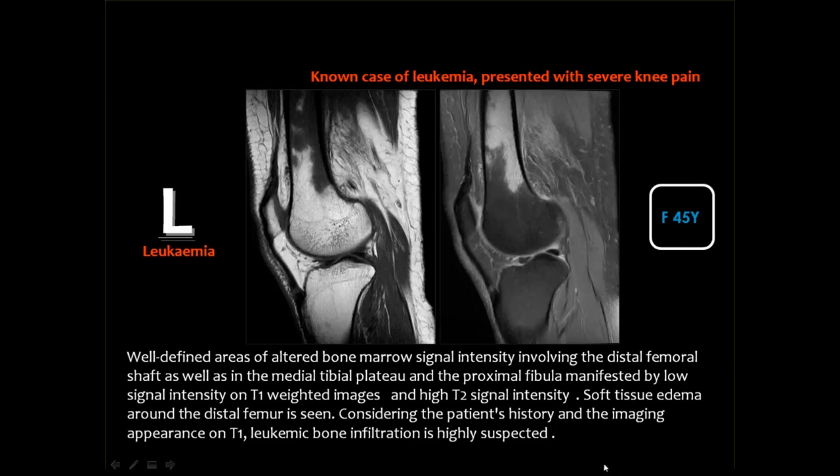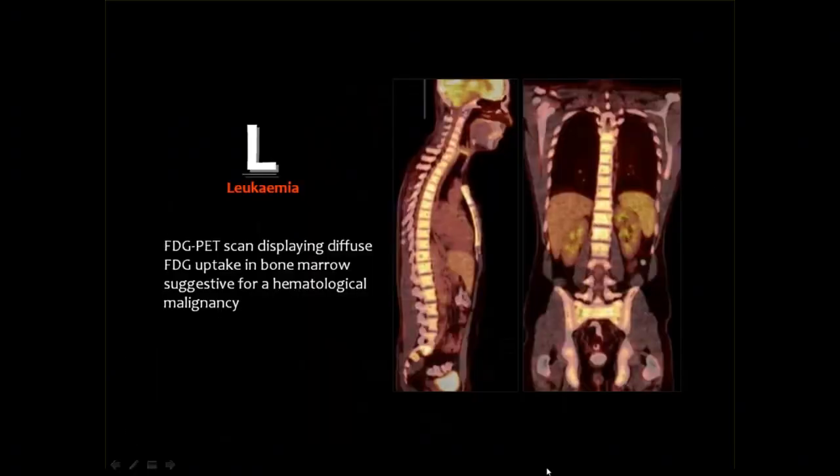Then it's very important for us, especially in hematologic bone diseases and also in the endocrinal bone diseases, to have a detailed history and, if possible, the lab findings to help us reach the diagnosis.